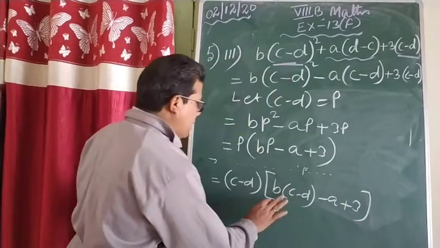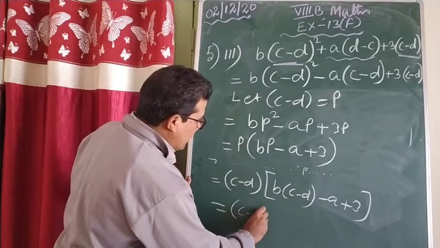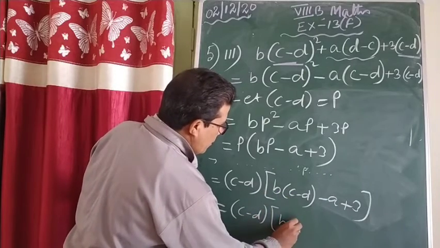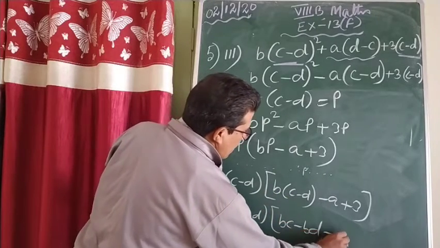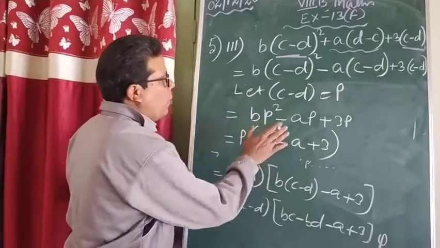Wherever P was there, I put the value of P. I have done this type of problem, I don't think there will be any problem. Now multiply it: BC minus BD minus A plus 3 is the answer. I hope it is clear to you.